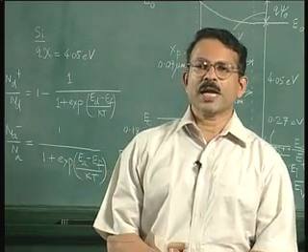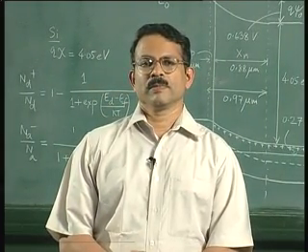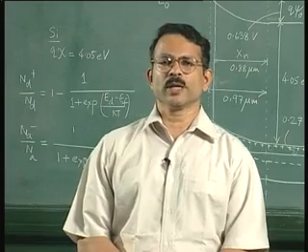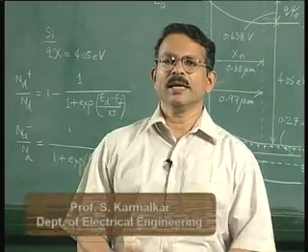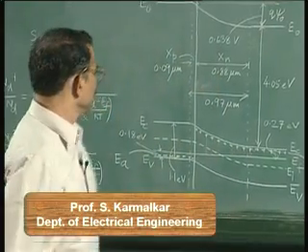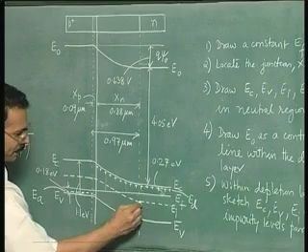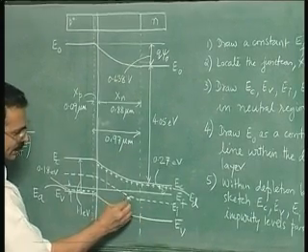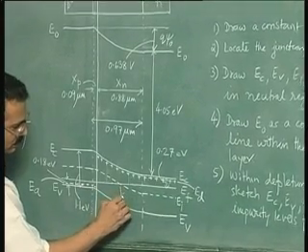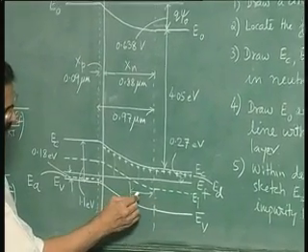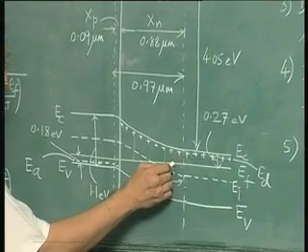Suppose apart from the shallow donor level which is present there, there was a deep level. Let us say that is also a donor type. The deep donor level, say, is at EI, that is the intrinsic level itself. What would happen? Look at the diagram. If you had a donor level along EI, then in this portion of the depletion layer the deep donor level is below EF.